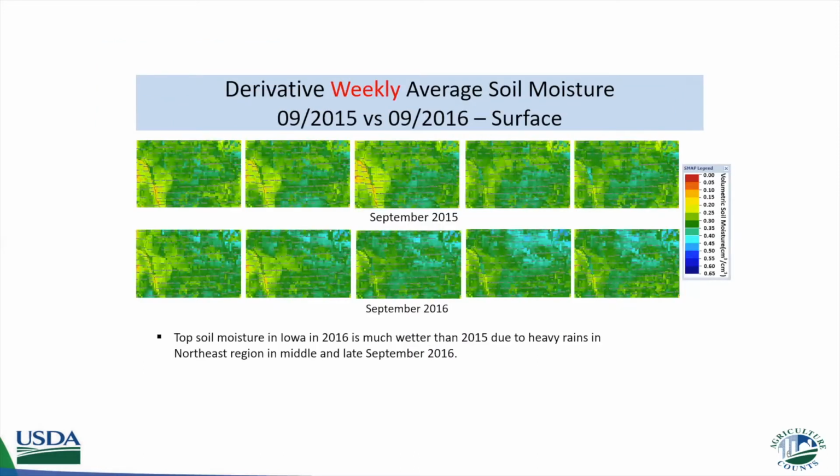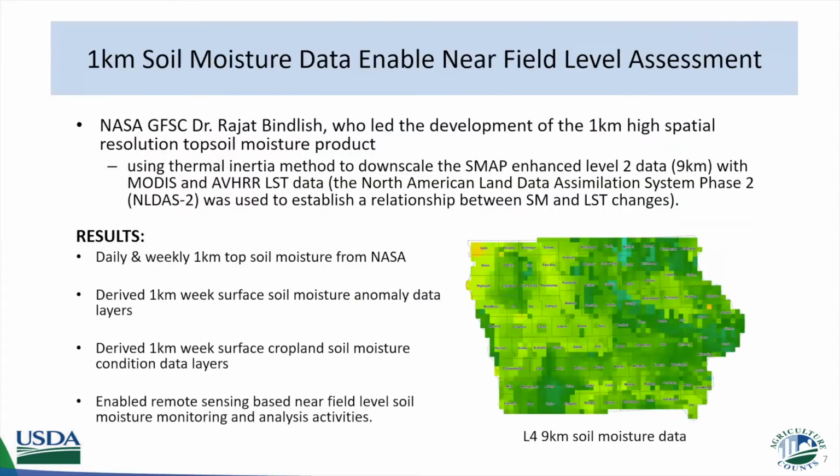Based on the daily data, we developed the weekly average soil moisture data, so that you can compare the same months between years and look at what the soil moisture level is. You will see that September 2016 is much wetter than September 2015.